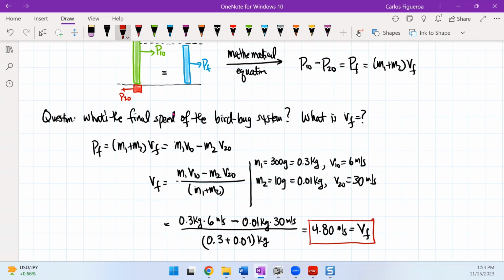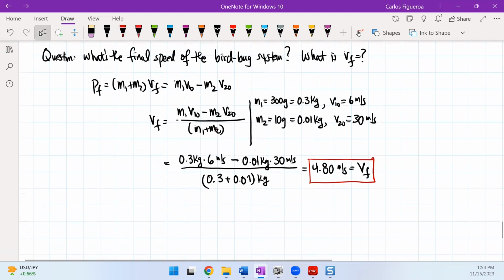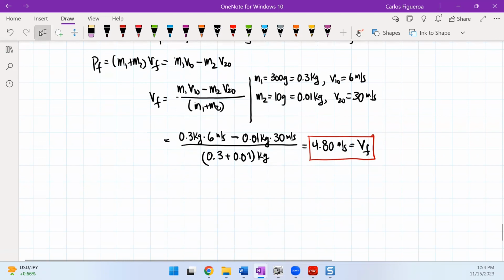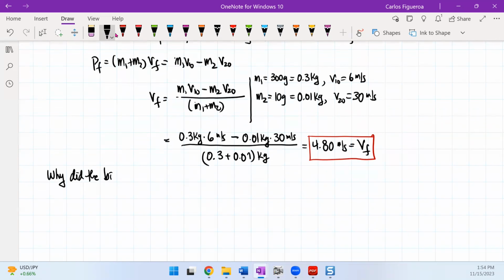Clearly, the bug changed the speed of the bird. So then I have a question here: why did the bird continue to move to the right after the collision?